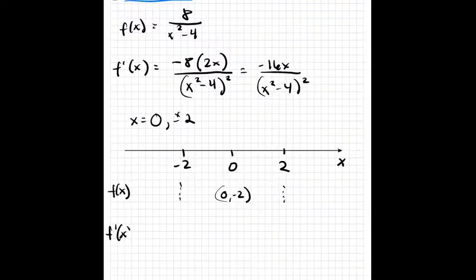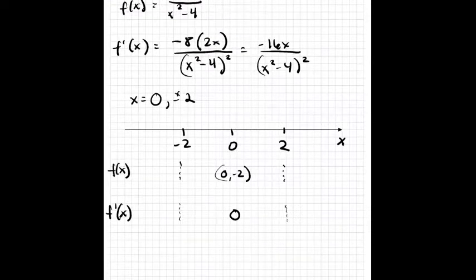Now, if we plug 0 into the first derivative, I think it makes it 0. If we plug in these, they are undefined. So then we want to choose test points between and beyond these values on the left and the right.